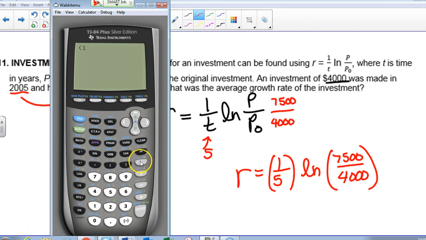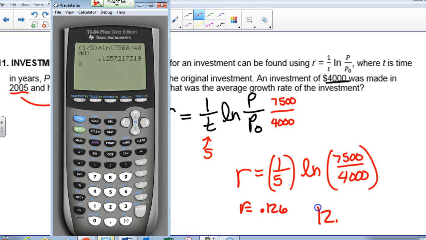So if I type it like it's written, ln over here on the right, and it brings up a parenthesis. I'm guessing it's going to give us a decimal. Yep, 0.126 if I round. So what does that mean for the rate?